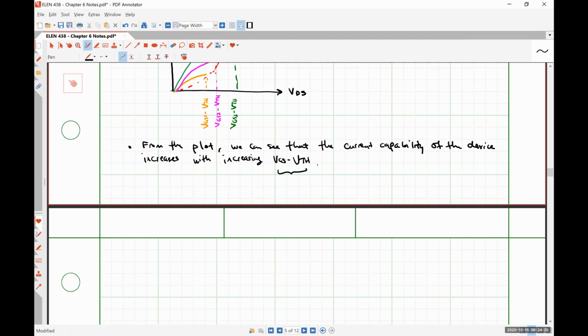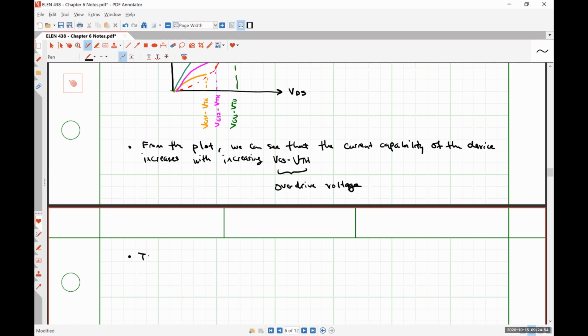And we're going to call this quantity VGS minus VTH from now on the overdrive voltage. So it's the voltage beyond the threshold voltage that turns this guy on. All right.